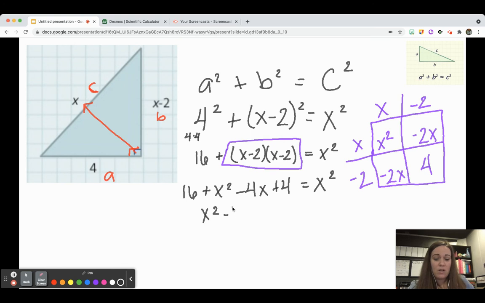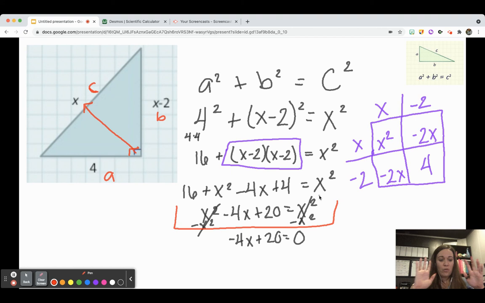So x squared minus 4x plus 20 is equal to x squared. Remember, my equations need to be equal to 0. So I'm going to subtract x squared from both sides, and indeed they cancel. So negative 4x plus 20 is equal to 0. We're just looking at that part.